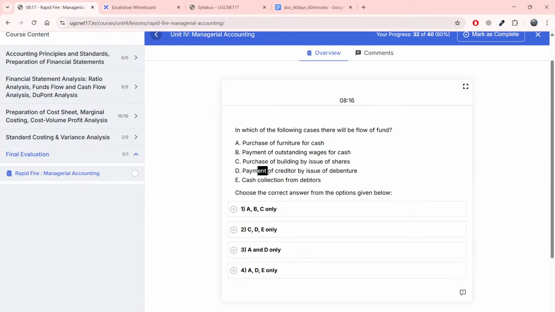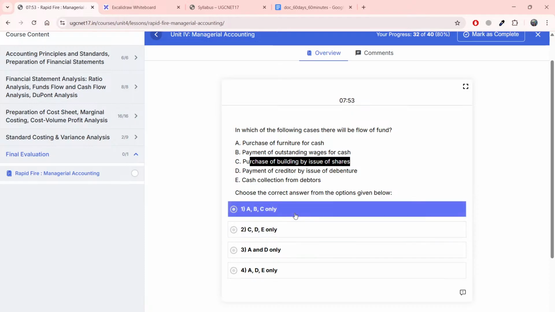Payment of creditor by issue of debenture, इससे working capital change नहीं होगा. Cash collection. Purchase of building by issue of shares. See, ये तो होगा ही नहीं. Purchase of building, आपने share issue किया है तो working capital तो change हुआ ही नहीं. So C तो नहीं है. C is not there.